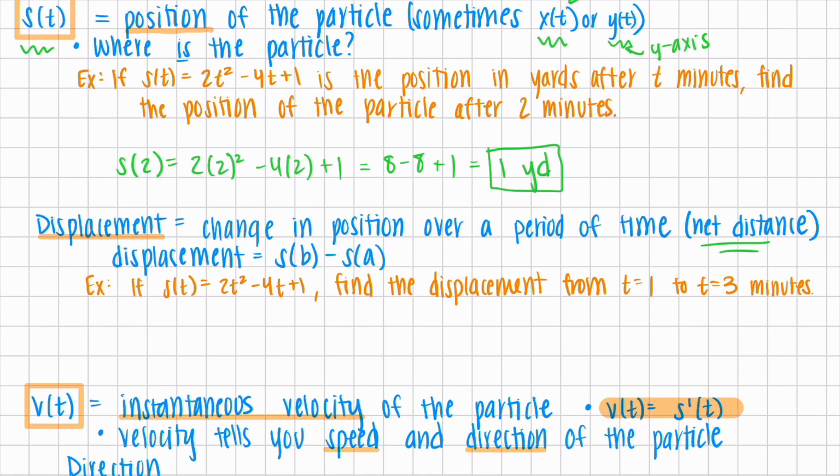So in our example, we have our same position formula, and I want the displacement from t equals 1 to t equals 3. So I'm going to find s of 3 minus s of 1. And I'm actually going to move this. Let's find s of 3 and s of 1 over on the side. So I'm going to plug in 3.